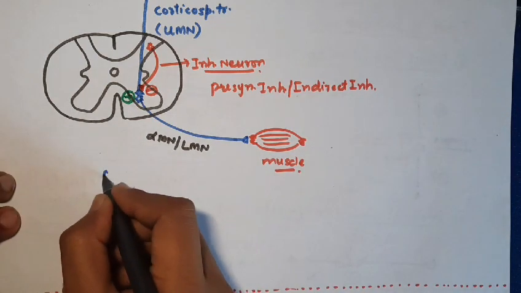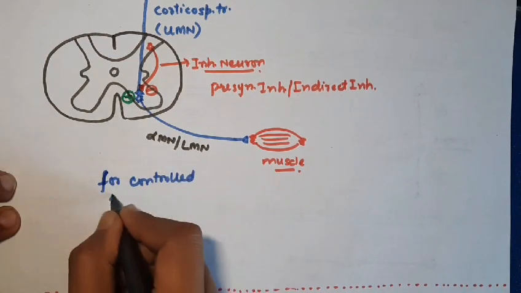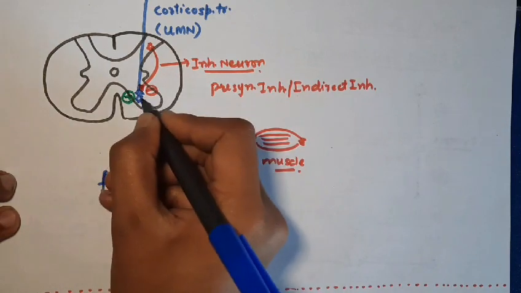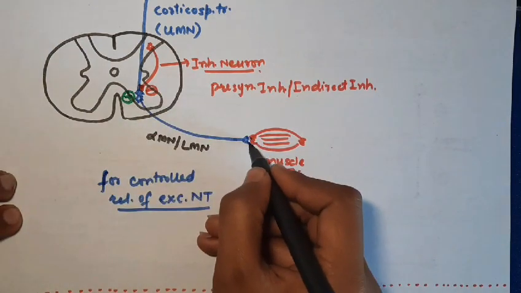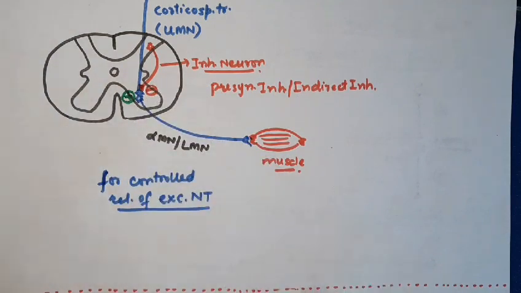It is seen in the descending motor pathway, and the significance is that it helps in controlled release of excitatory neurotransmitter. That means controlled contraction of muscles will be present because of this type of inhibition. So this is the significance of presynaptic inhibition or indirect inhibition.